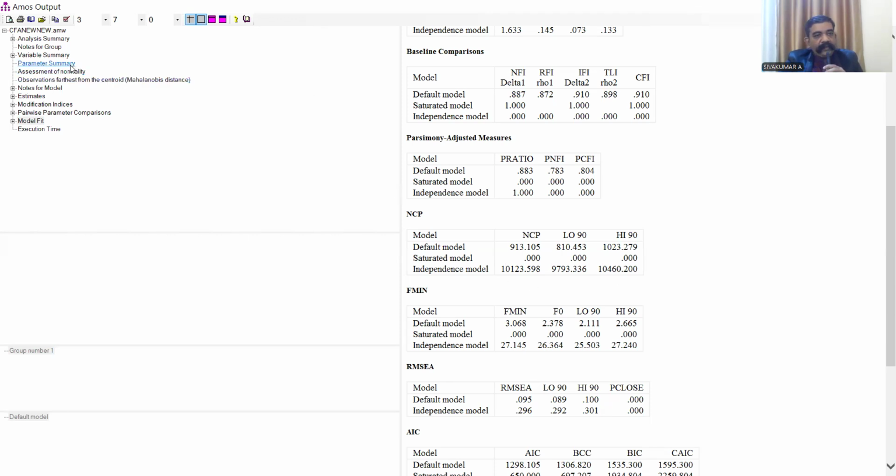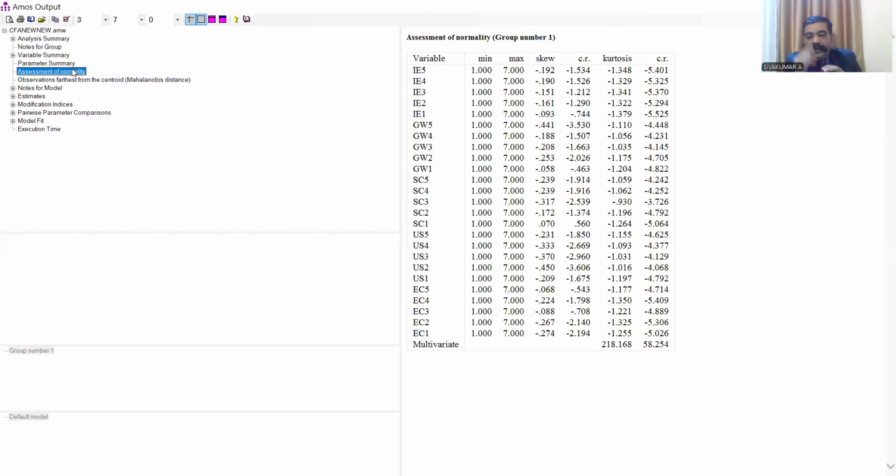The next one, assessment of normality. As we know, EFA, CFA, and structural equation modeling are related with the normal distribution. If your distribution does not follow the normal distribution, you cannot conduct EFA, CFA, and structural equation modeling.